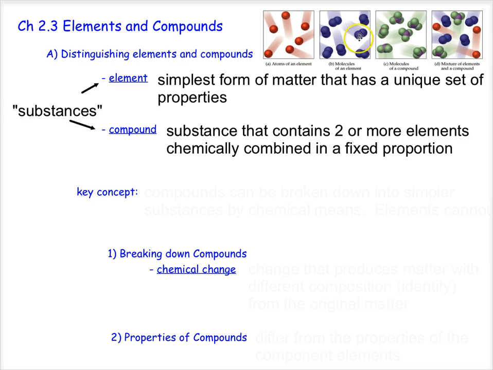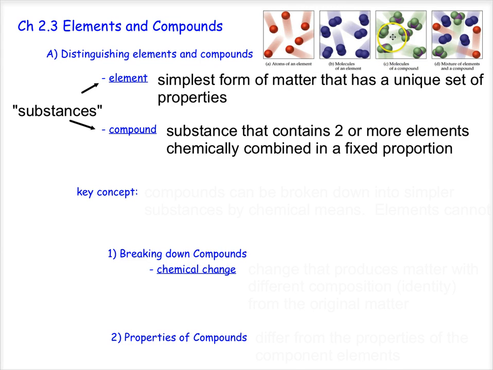So these are what we call molecules. Each one of these particles is called a molecule. But these molecules, because they are made up of the same atom, this second box here is also an example of an element. So an element is where each particle is identical to all the other particles in that sample.